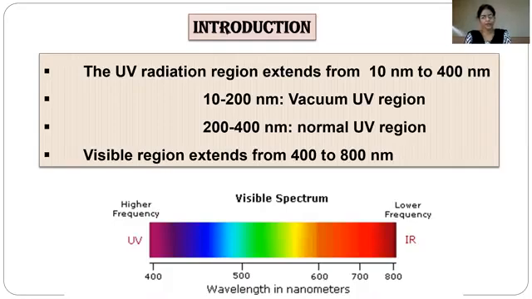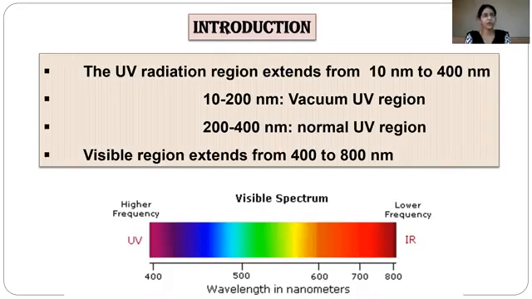Why is the whole range divided into two regions? Because we cannot use the same spectrophotometer for both the regions. For the vacuum UV region, when we want to record the spectrum, the whole path length should be evacuated.